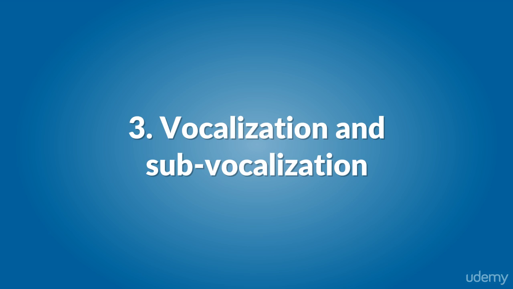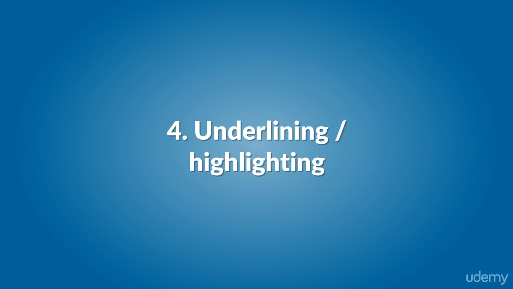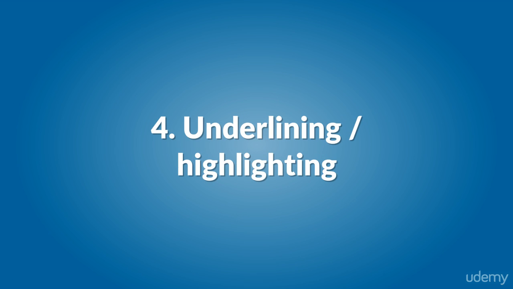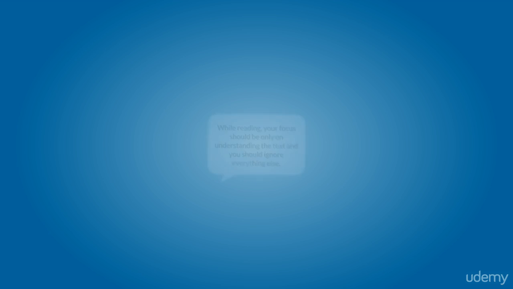The fourth bad habit: underlining and highlighting. Underlining or highlighting is both an unnecessary and a time and energy wasting practice. You shouldn't do them while reading. While reading, your focus should be only on understanding the text, and you should ignore everything else.